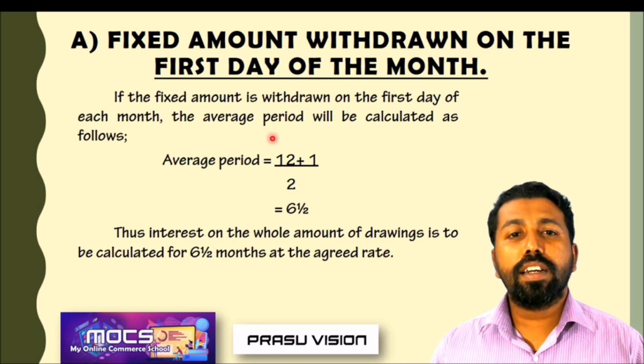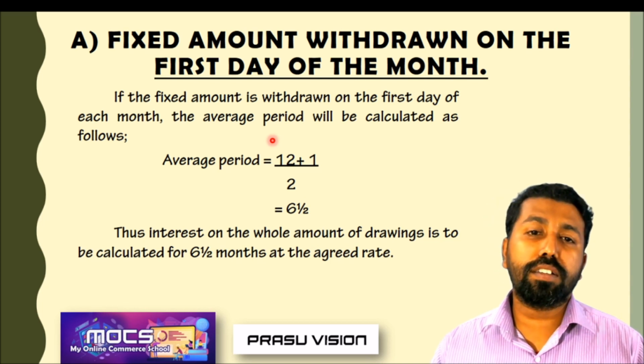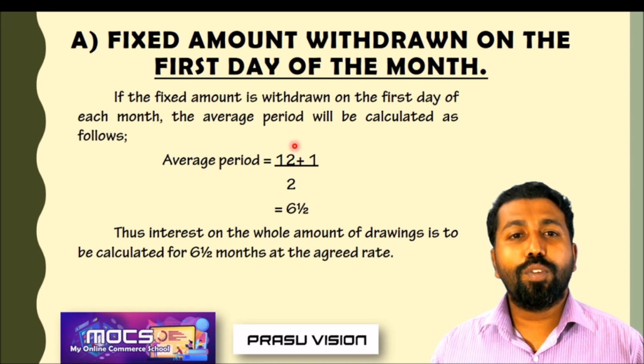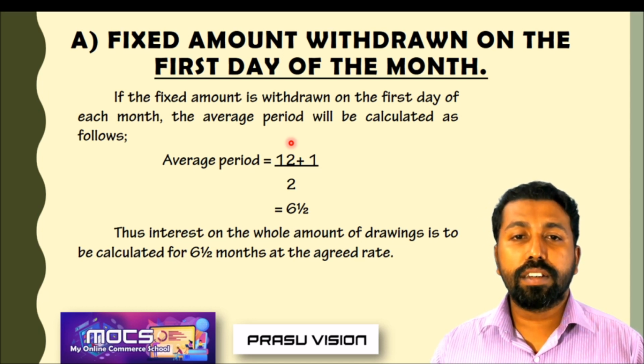So what is the number of months left? The partner has to pay interest on drawings from January 1st to 31st December. So 12 months. And what is the time left after the last drawings? Every month there will be an amount withdrawn by the partners.